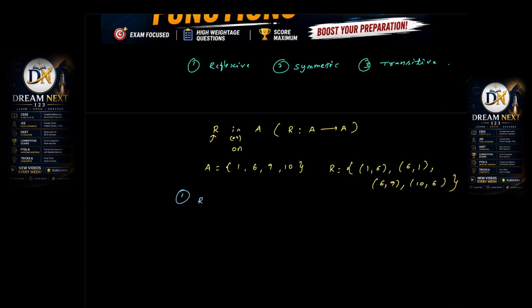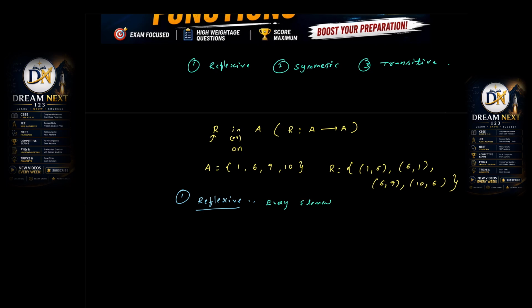First one is reflexive. Let us understand what is reflexive. Reflexive is nothing but every element of A should be related to itself.